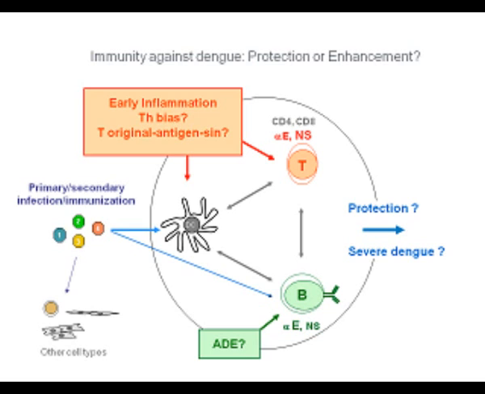Now, the CD4 Th1 type response is important for protection against viruses, and this is characterized by production of antiviral interferons. Cytotoxic T cells are also important because they destroy virus-infected cells. There's also a phenomenon known as original antigenic sin, and again this has been mentioned at this conference.